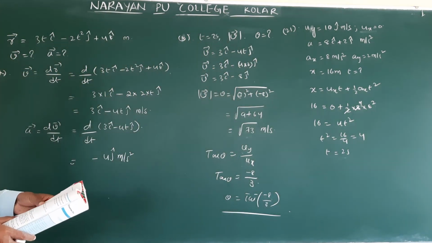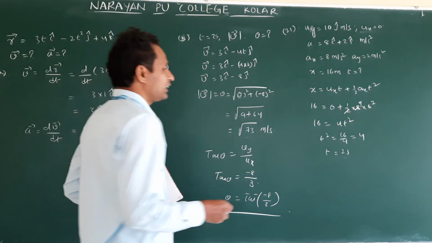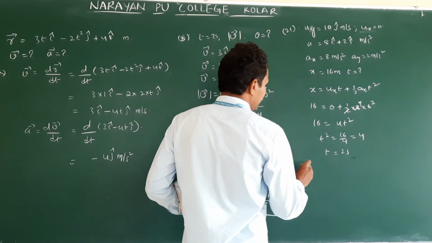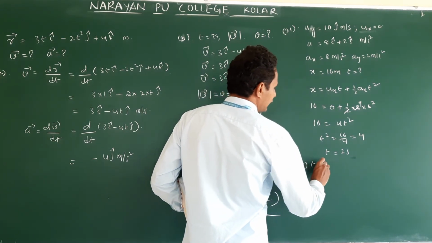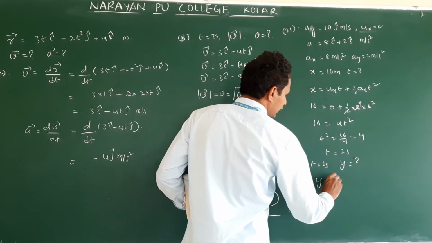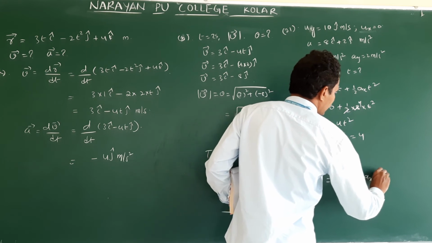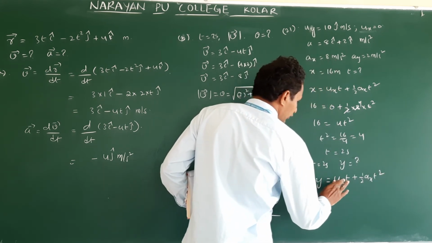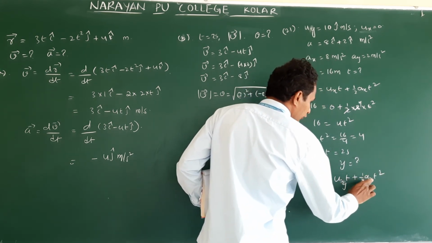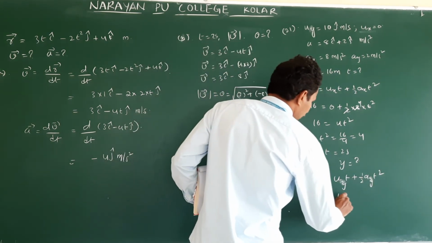What is the y coordinate of the particle at this time? The second question is, when t is equal to 2 seconds, what is y? Again take the y equation. Y is equal to uyt plus half ay t square. We are talking about y, so take the y equation. Then uy is what? 10.